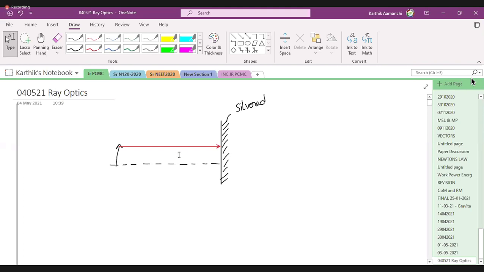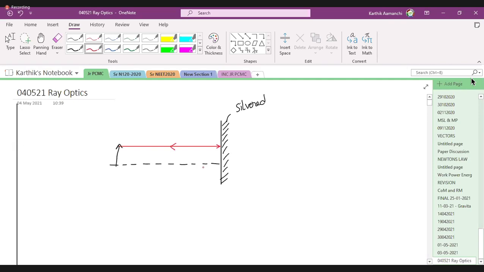I will tell you about your principal axis, focal point, principal point, radius of curvature, and center of curvature when I come to spherical mirrors. But as such, understand that a ray traveling parallel to the principal axis will retrace the same path. So when a light ray goes parallel to your principal axis, this is your principal axis, it will reflect back.